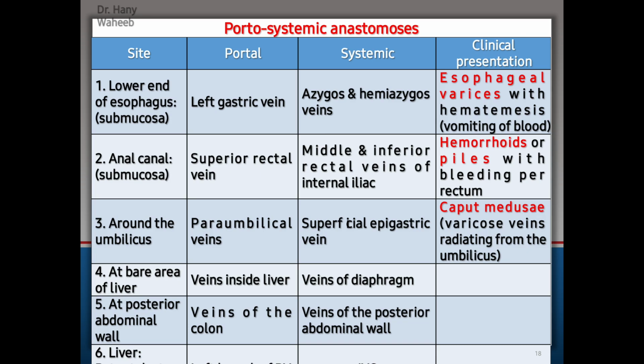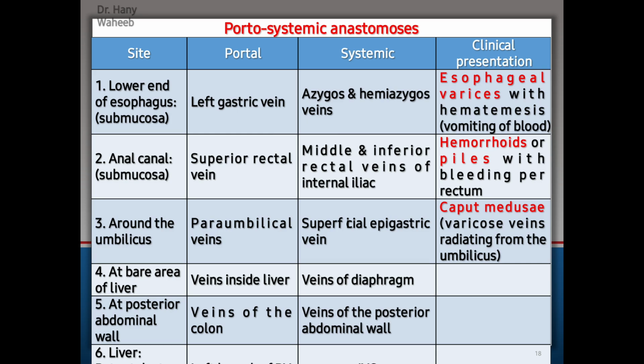The other 3 minor sites include the bare area of the liver, between the veins inside the liver, portal, and the veins of the diaphragm, systemic. The second minor site is at the posterior abdominal wall, behind the ascending and descending colons, between the veins of the colon, portal, and the veins of the posterior abdominal wall.